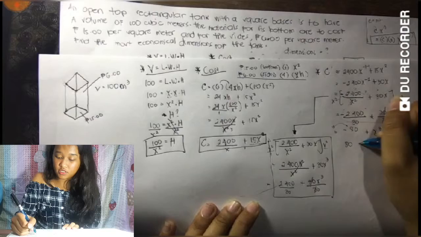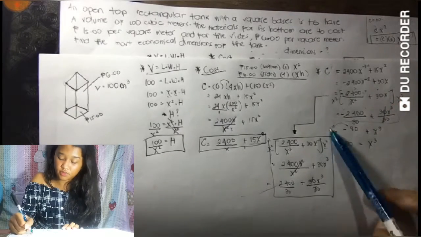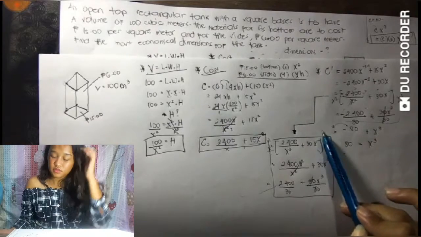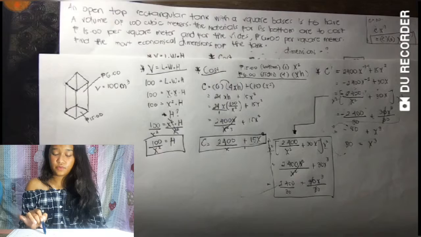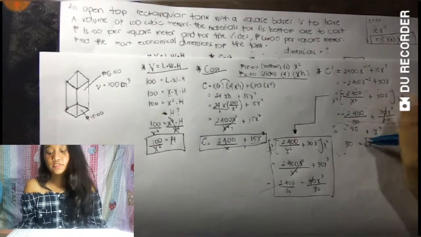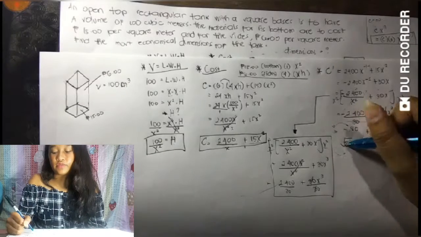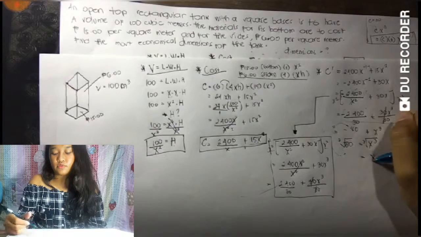Just box this one. We're gonna transfer this one right here and it will become 80 is equal to x cubed. Since we're gonna transfer this one, its sign will be the opposite one, which is positive. 80 is equal to x cubed, and to get the value of x, we're gonna have the cube root of these two.